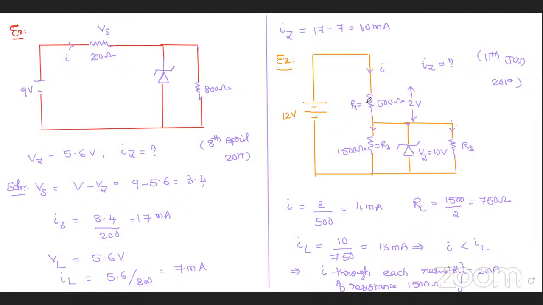Right. Here these two are in series, 750 plus 500.